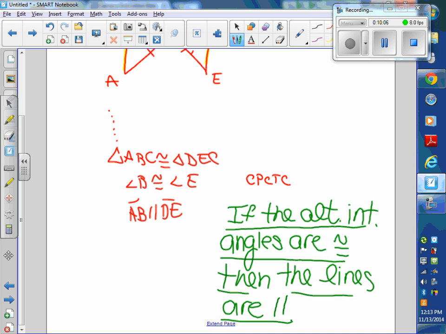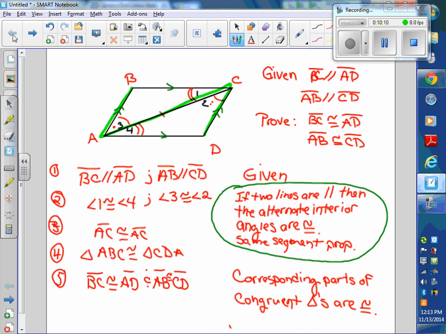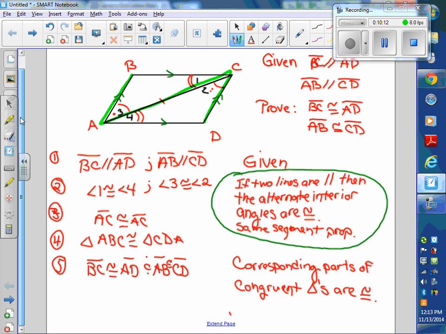You see, Miranda, and Sabrina? So over here, we were trying to show that the triangles were congruent, and we were given the parallel lines first. So then we write what we're given first. If the lines are parallel, then the alternate interior angles are congruent. Order matters. If you mess up the order, you lose the points.